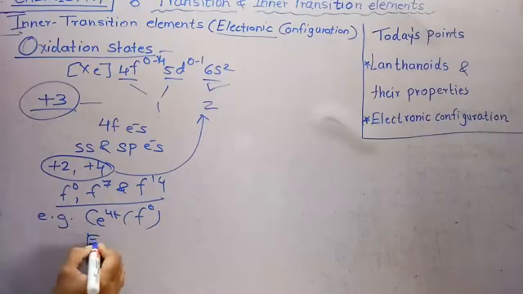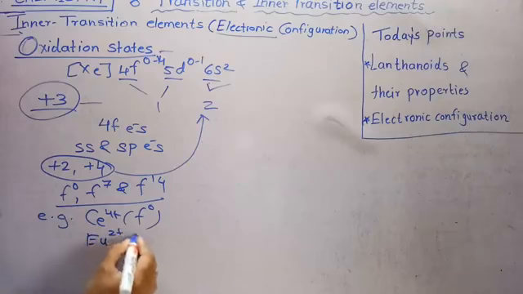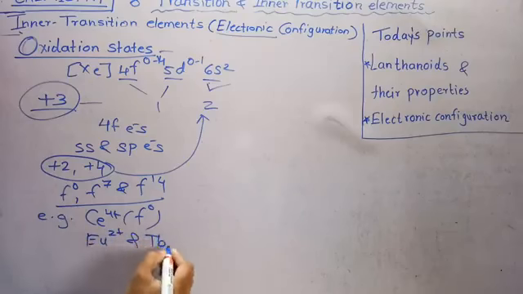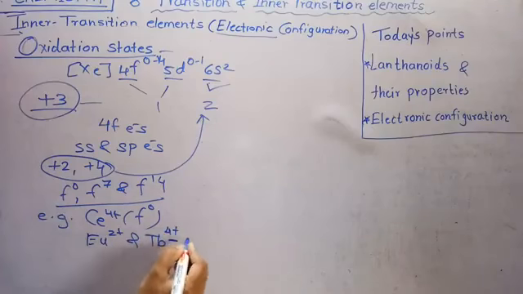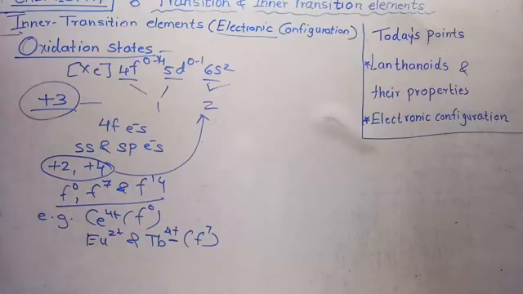Then europium in 2+ and terbium in 4+ show the electronic configuration of 7 electrons in F orbital. And the last one, ytterbium in +2 oxidation state, has 14 electrons in F orbital.